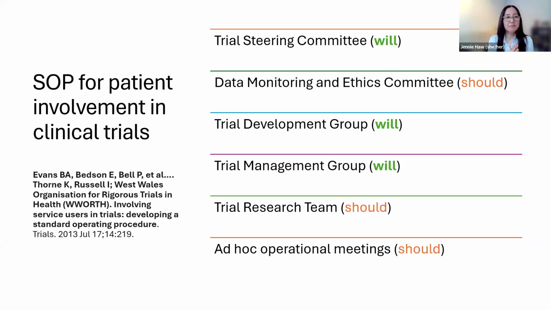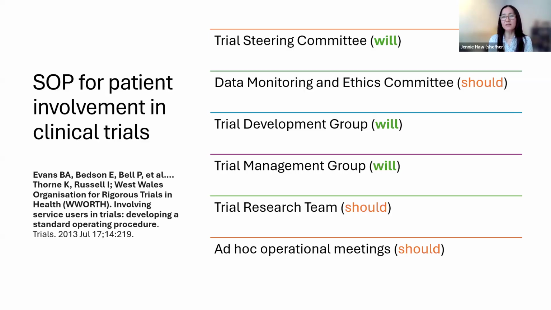So this is a paper published by Evans and colleagues. They're a team out of Wales, and they too recognized that a lot of the work published to date had focused on understanding the principles of community-based research and patient involvement in research, and there was less published on how you actually do it.